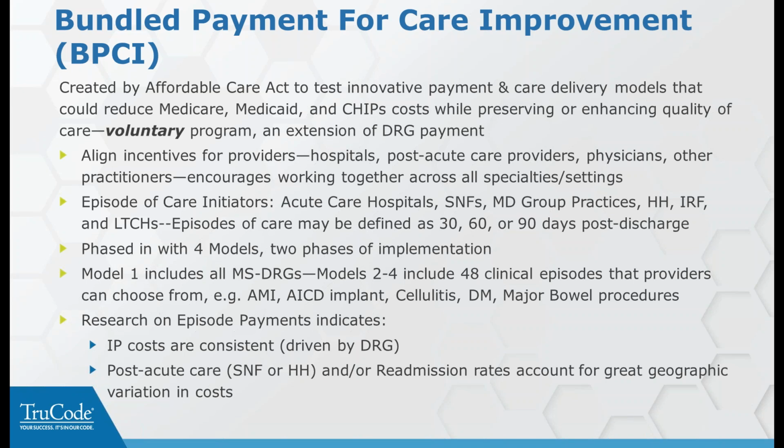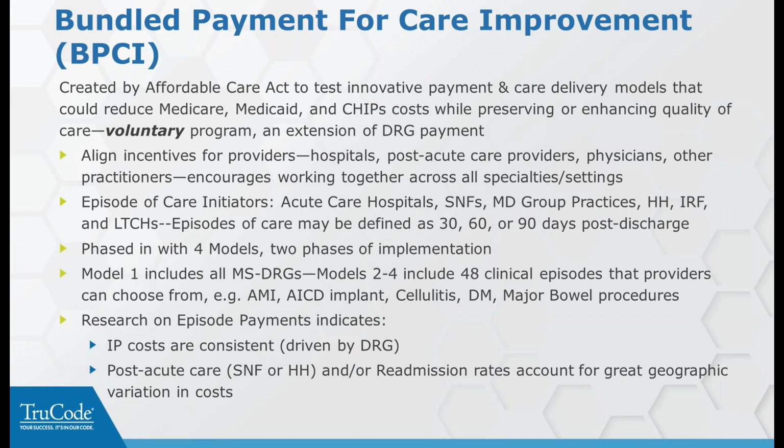Research on these episode payments has indicated that across the country, for the most part, inpatient costs are consistent hospital to hospital, and that's primarily because it is driven by that DRG payment. However, the variable issues come in the post-acute care setting with skilled nursing facilities in particular and home health care, and also the readmission rates.